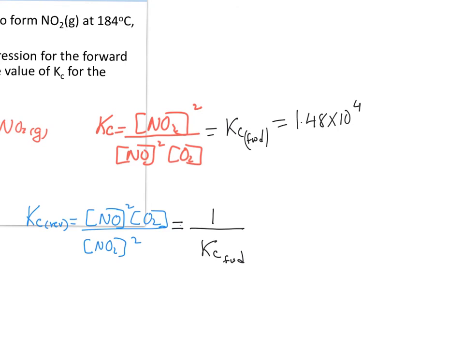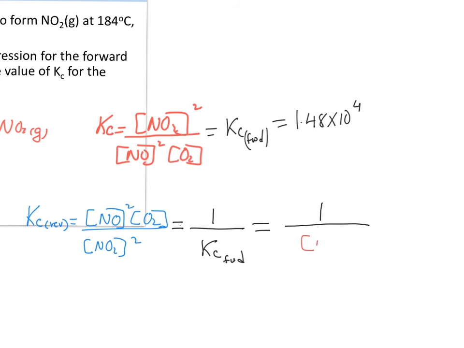Okay, we can actually use this expression to calculate the numerical value of the Kc of the reverse, but I want to prove to you how these two values are related mathematically. So to do that, we are going to expand this. It's 1 over the Kc expression that we have here on top for the forward reaction.